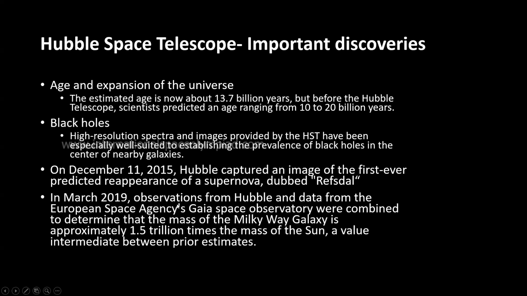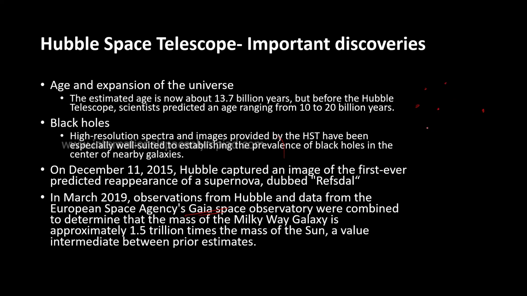In March 2019, observation from Hubble data and from the European Space Agency's Gaia Space Observatory. Gaia is another space telescope which accurately measures distance, basically something called parallax, of different stars in our own galaxy.